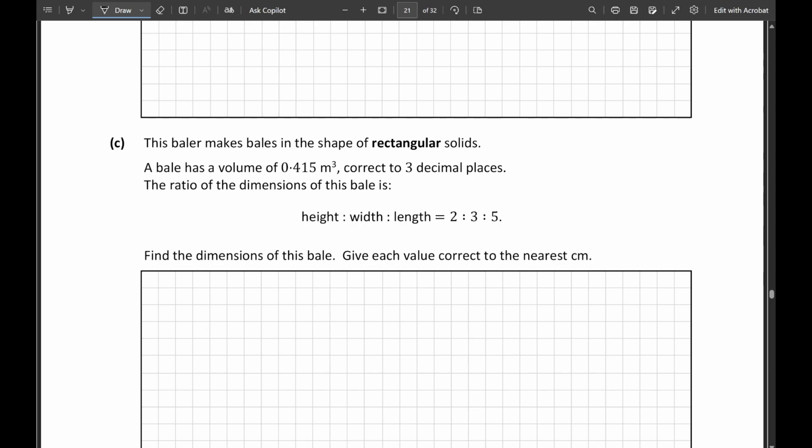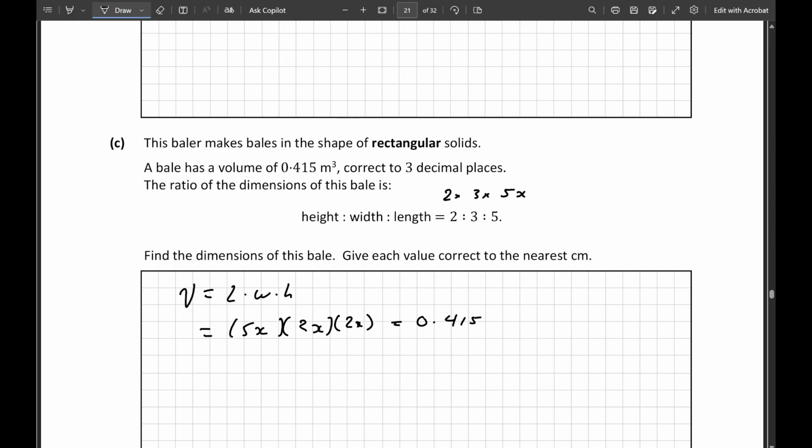So this is 2 times some dimension, this is 3 times some dimension, this is 5 times some dimension. So what we could say is that the volume is just length times width times height, which, to be consistent with the question, length is 5x, width is 3x, and height is 2x, which we know is 0.415.